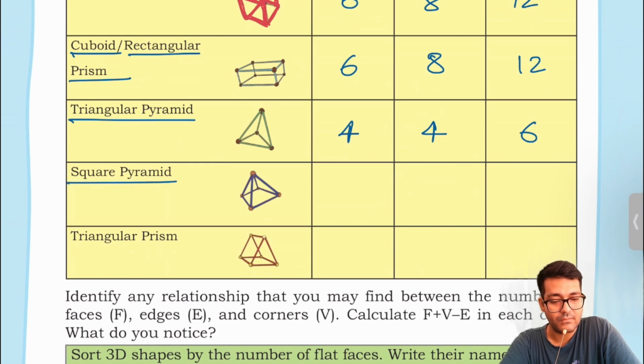A square pyramid. In a square pyramid, you can note here, it has one base at the bottom and 4 faces above it. That means 5 faces. Number of corners: 4 at the bottom and 1 at the top. 5 corners or vertices. And number of edges: 4 edges at the bottom and 4 joining at the top point. That means 4 plus 4, 8 edges.